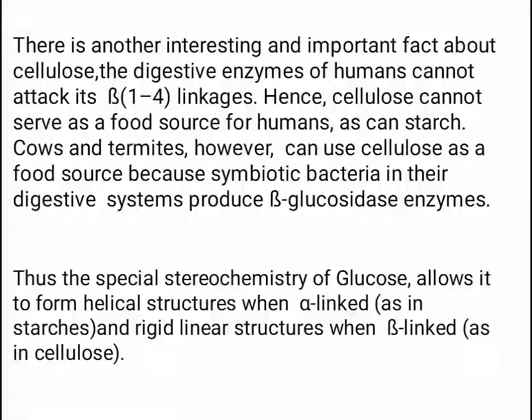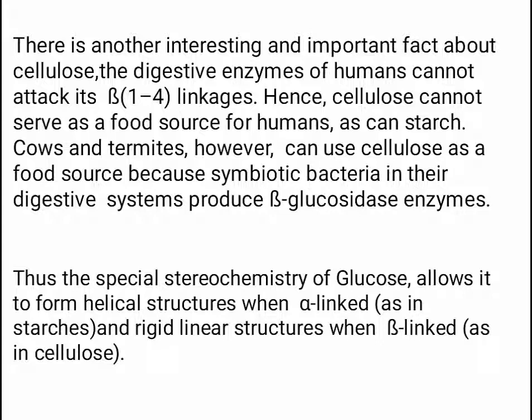There is another interesting and important fact about cellulose. The digestive enzymes of humans cannot attack its beta 1,4 linkages. Hence, cellulose cannot serve as a food source for humans, as starch can. Cows and termites, however, can use cellulose as a food source because symbiotic bacteria in their digestive systems produce beta-glucosidase enzymes.